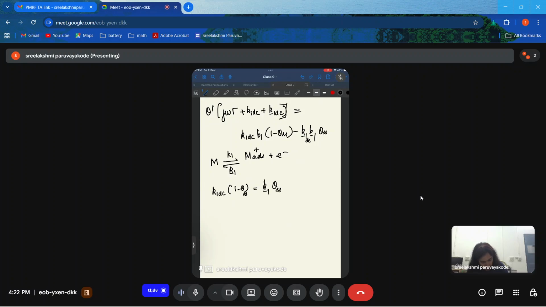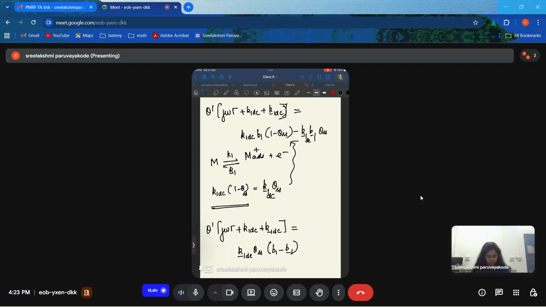So let us give substitution for K1 dc 1 minus theta as K minus 1 dc theta over here. So when I substitute, I'll get theta dash J omega gamma, K1 dc plus K minus 1 dc equal to K minus 1 dc theta SS, B1 minus B minus 1.